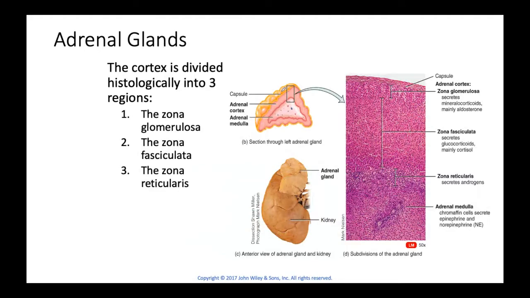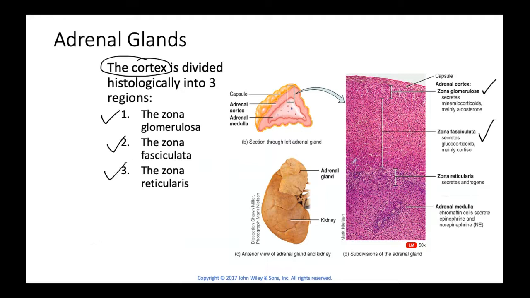So it's important to know the histology and the microscopic portions of the adrenal cortex. We're going to have three main regions, three zones. The zona glomerulosa, which is the most outside portion. The zona fasciculata, which is the largest area, which is more of the middle region.